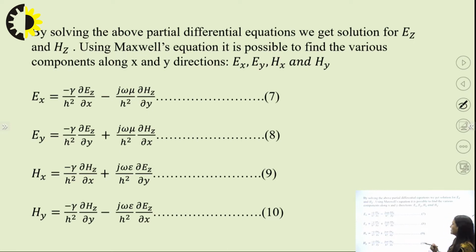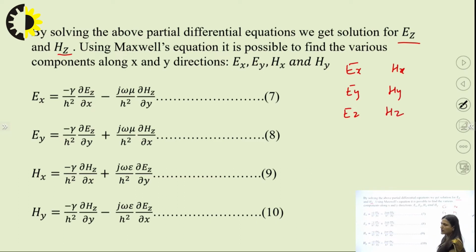The last two equations are partial differential equations. By solving the partial differential equation, we can get a solution for Ez and Hz. But we want all the components in all three directions. It means electric and magnetic fields in all directions, which are Ex, Ey, Ez, Hx, Hy and Hz.